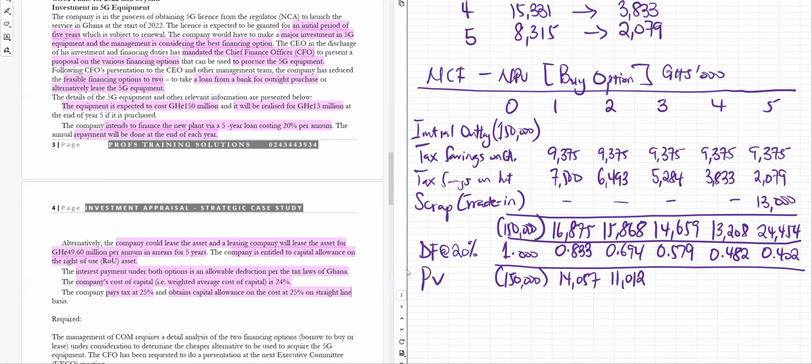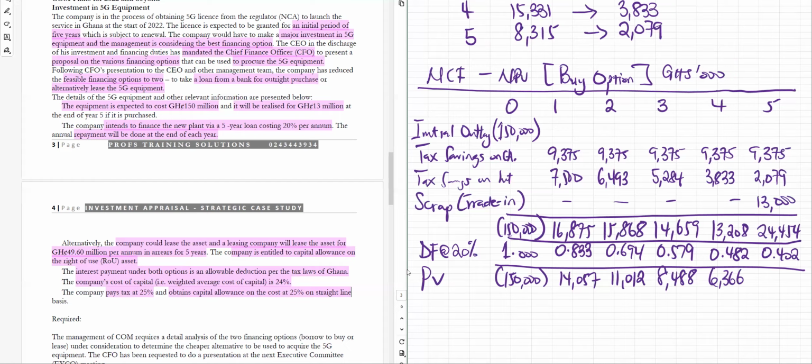Then I have 14,659 going by 0.579. I end up with 8,488. Then I have 13,208 going by 0.482. That gives us 6,366.